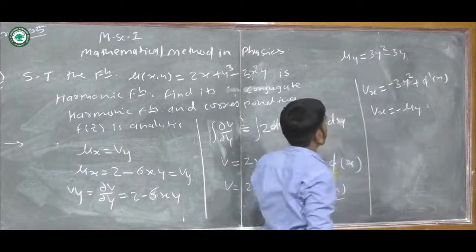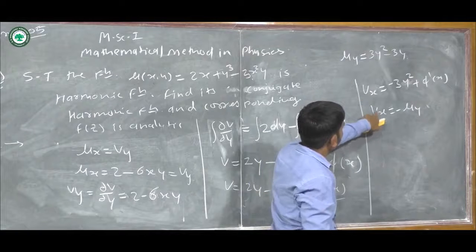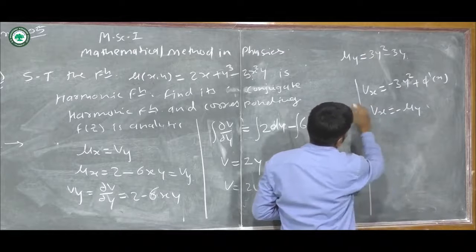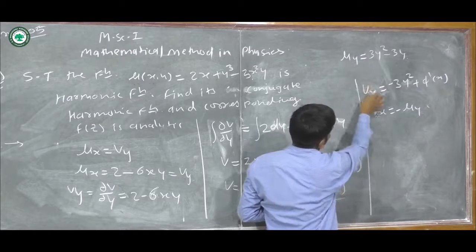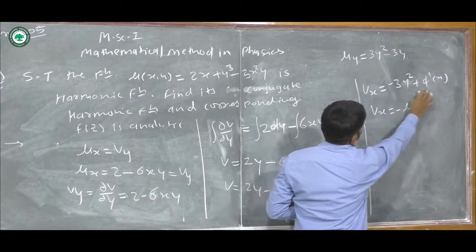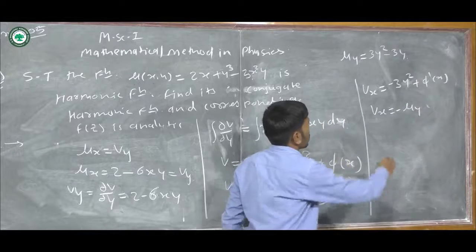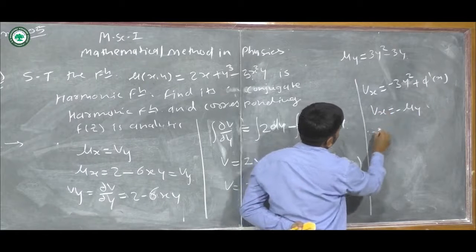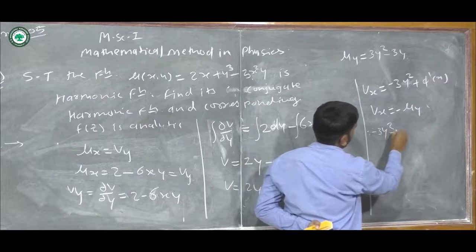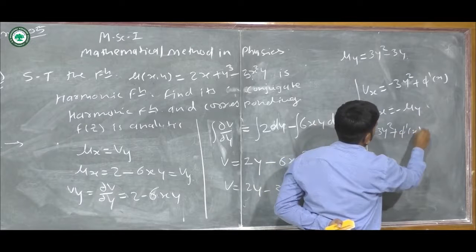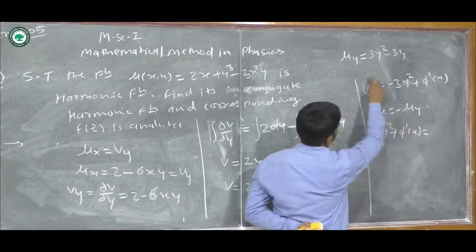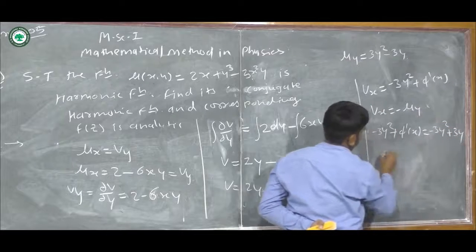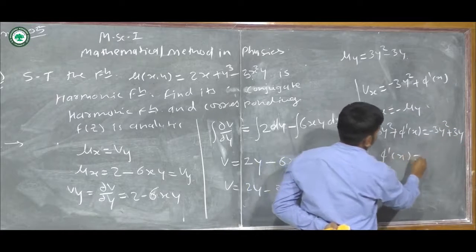So v_x is equal to minus 3y square plus phi prime of x. If I compare these two equations, we can calculate this phi prime: minus 3y square plus phi prime of x is equal to minus 3y square plus 3y. Okay, so phi prime is equal to 3y.